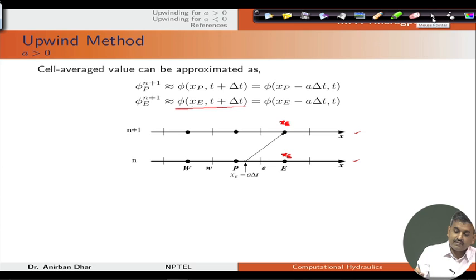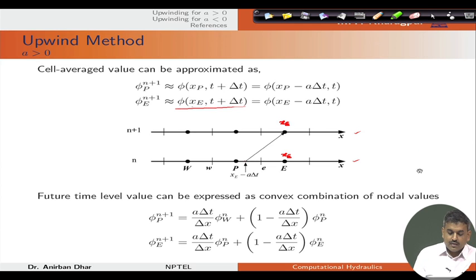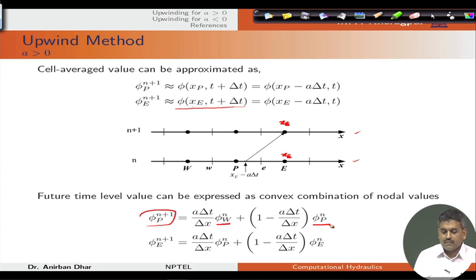In this case, future time level values can be directly expressed in this form, where phi p n plus 1 can be written in terms of a convex combination of phi w and phi p.